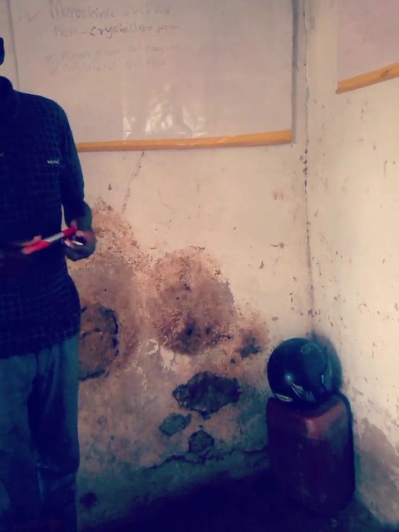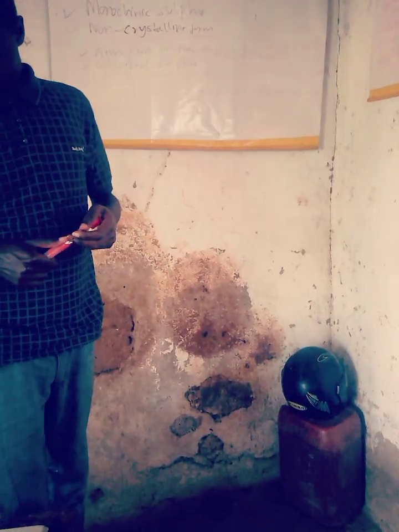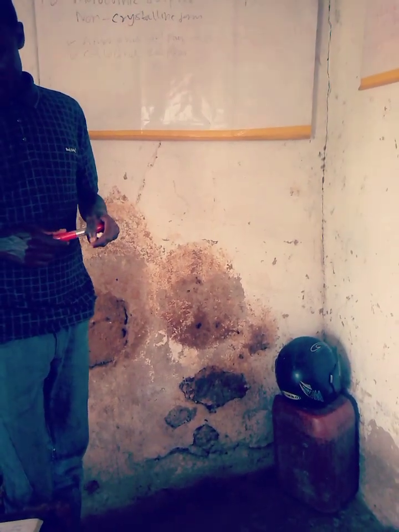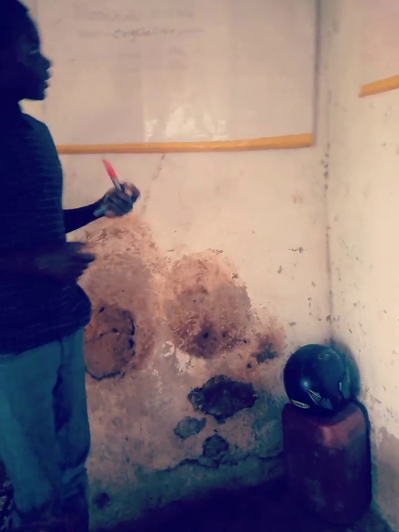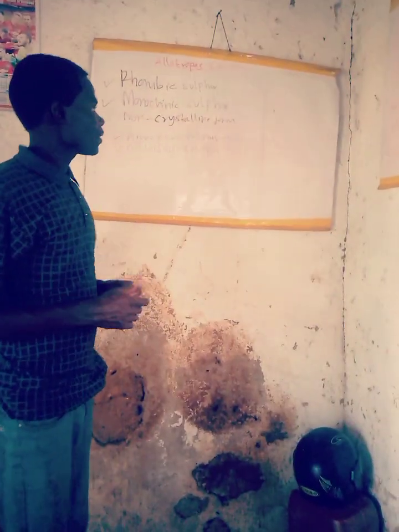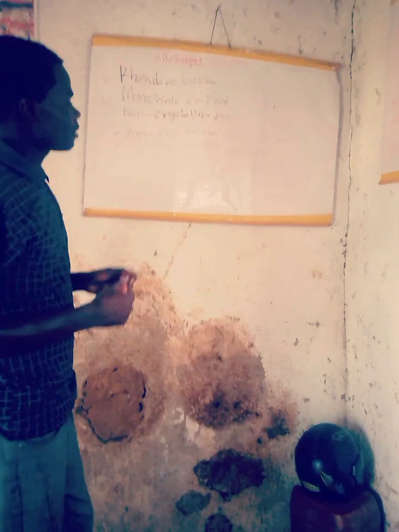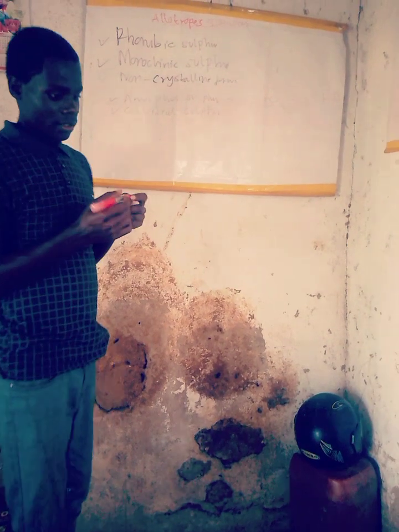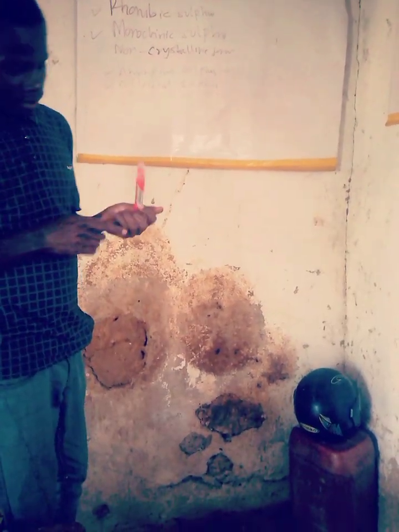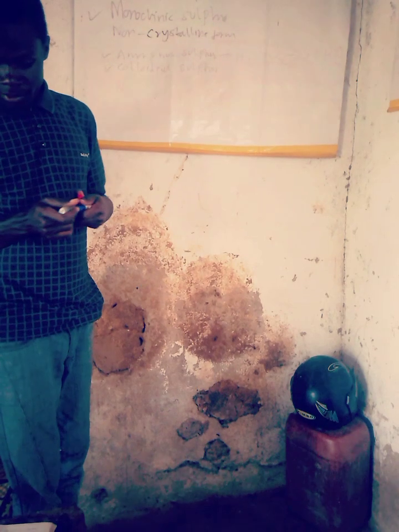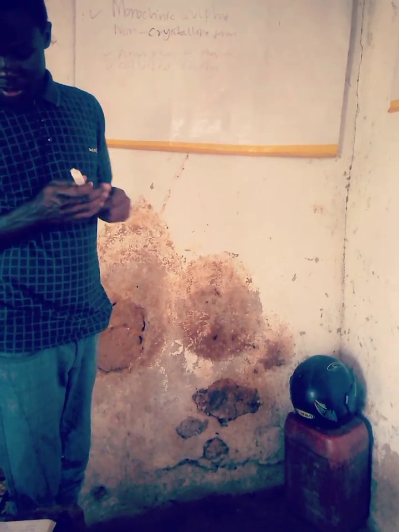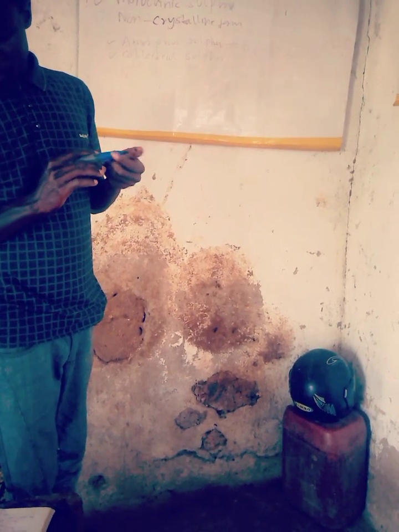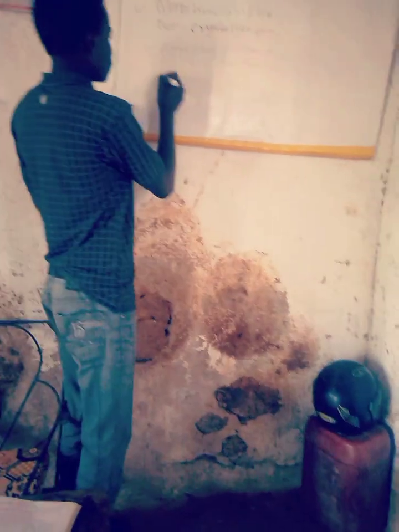Then colloidal sulfur. Colloidal sulfur is formed when sodium thiosulfate is reacted with dilute acid. Sodium thiosulfate is reacted with dilute HCl to form colloidal sulfur.